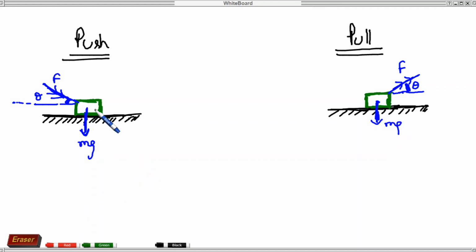Now when you are going to push it, it's in equilibrium.